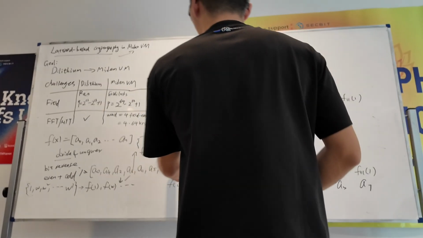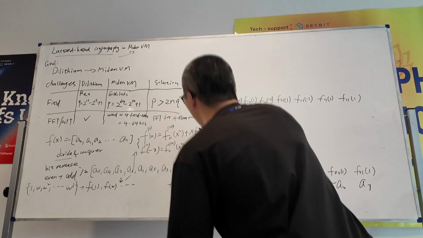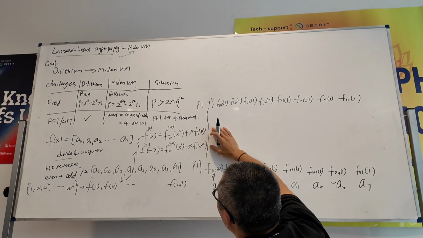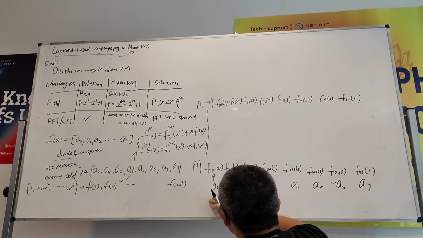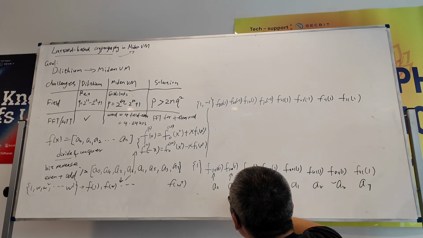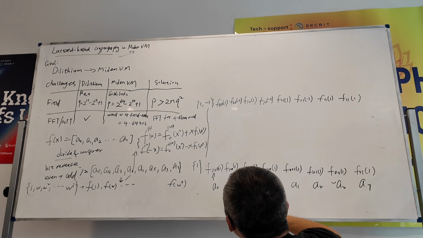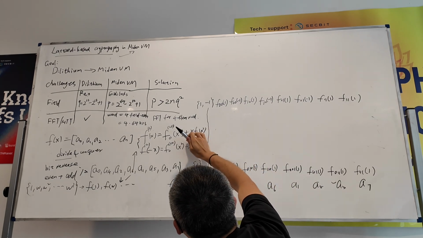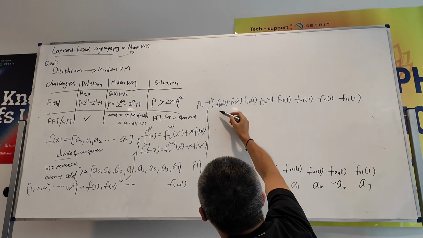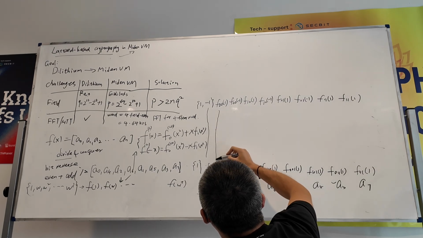Then we will apply this formula to get the layer values. So you can see that you only have coefficients, then you can combine them together. So the way is that you can get this value from these two.